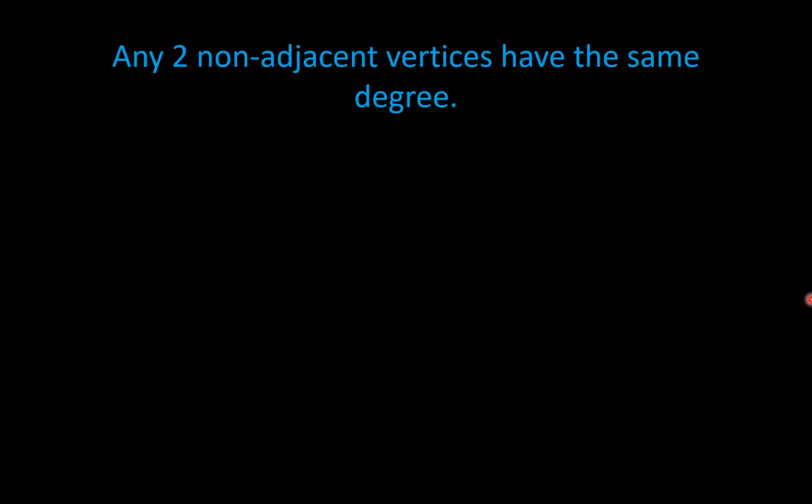Okay. So to begin the proof of the first part, we show that any two non-adjacent vertices have the same degree. And this is just a counting argument. So we have U, let's say has some number of neighbors. We take a vertex V, which is not one of its neighbors. By the friendship property, it has to join to one of the neighbors of U because U and V have a common neighbor.